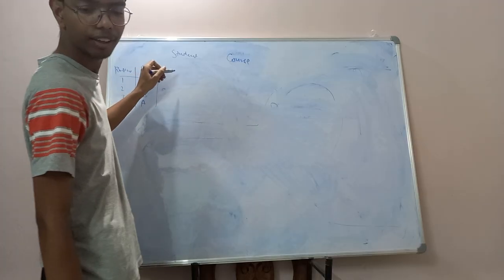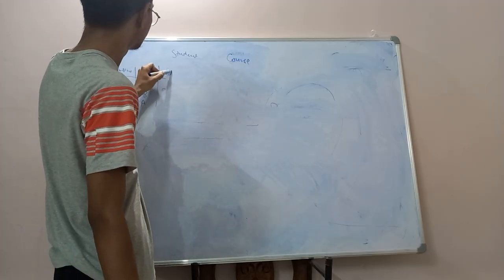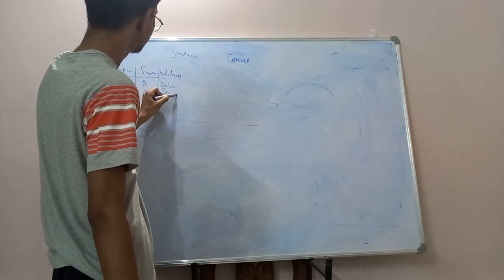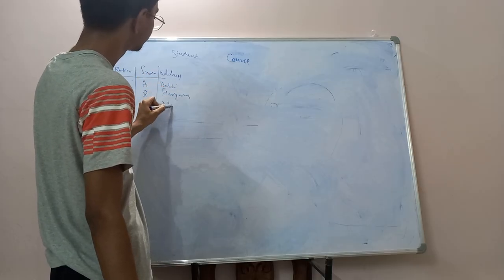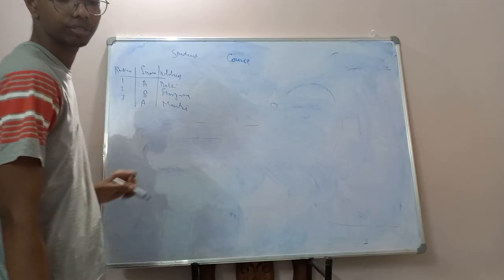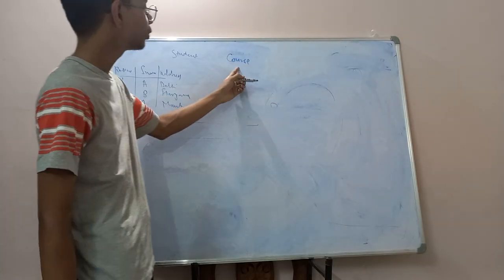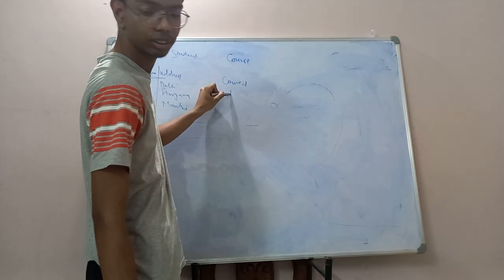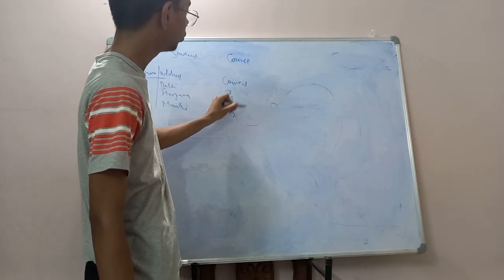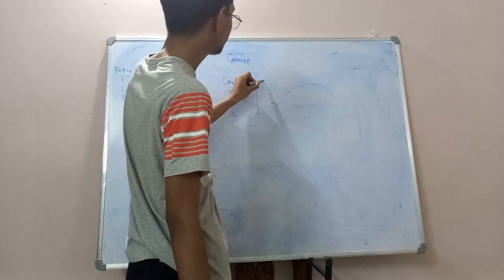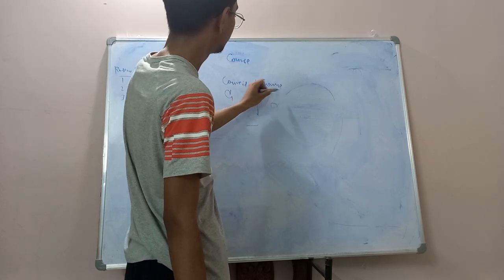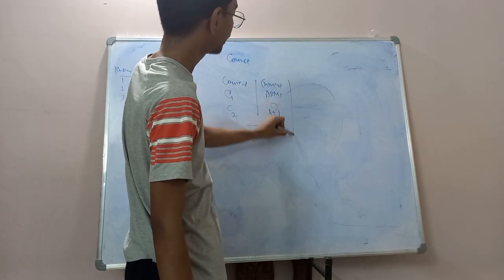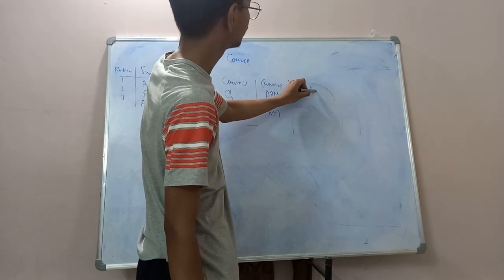And then I will have my address, suppose Delhi, Haryana or Mumbai, right? Now I have another table for course, and suppose I have course ID C1 or C2. I have course name, suppose DBMS, AFL, and then I will have my roll number, right?